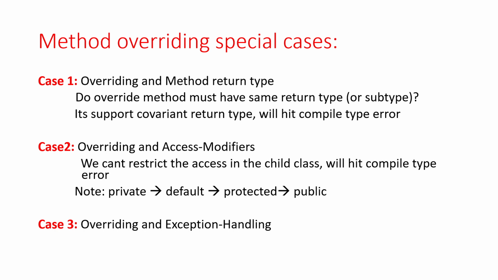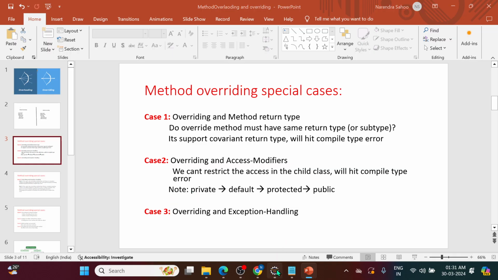Protected means we can access it outside of the package if the class is inheriting from the other class, which is in another package or the same package. Public means you can access it anywhere, outside and inside the package. These access modifiers you already know, right? So what role are they playing at the time of inheriting?